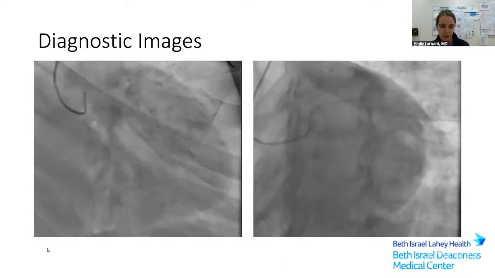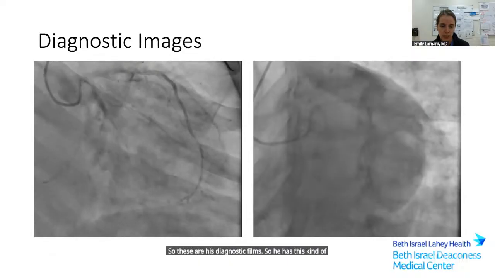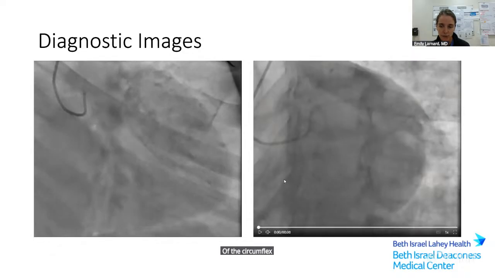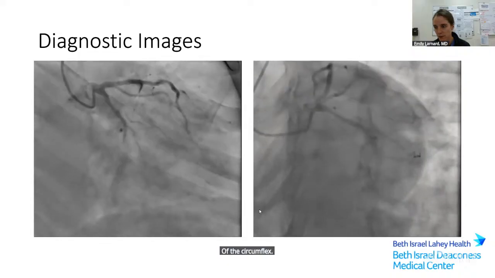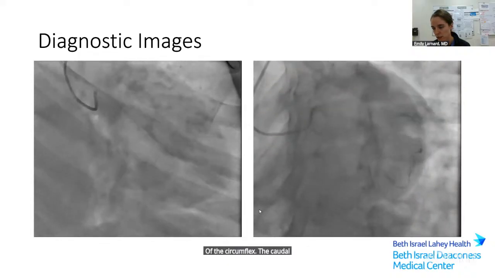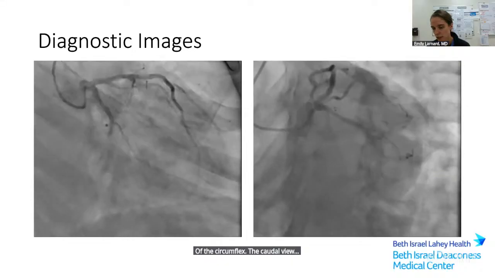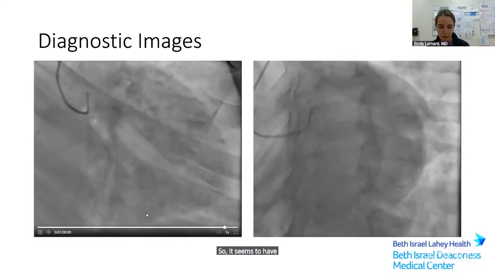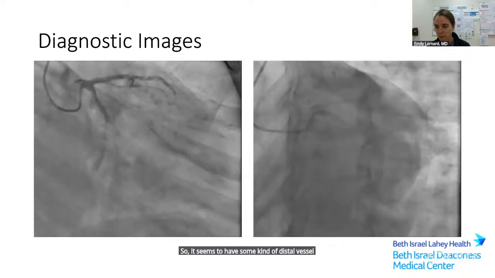So he has this occlusion of the circumflex, the caudal view. So it seems to have some kind of distal vessel filling.